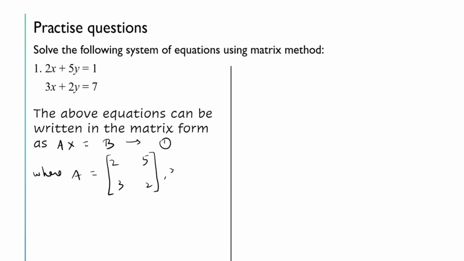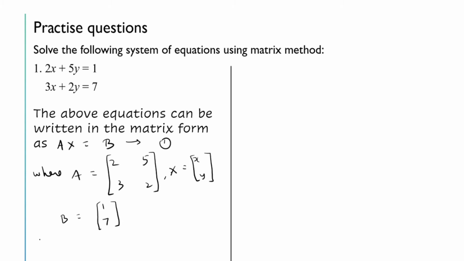X is the variable matrix, so X is equal to x and y, and B is equal to the matrix containing the constant terms 1 and 7.